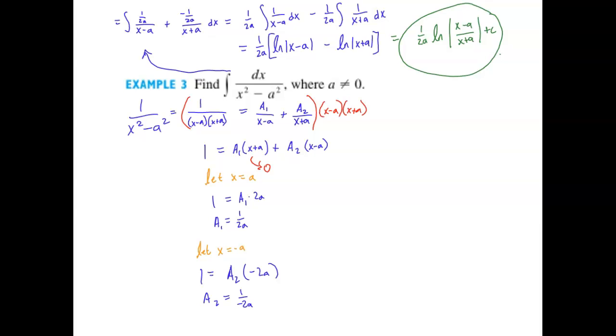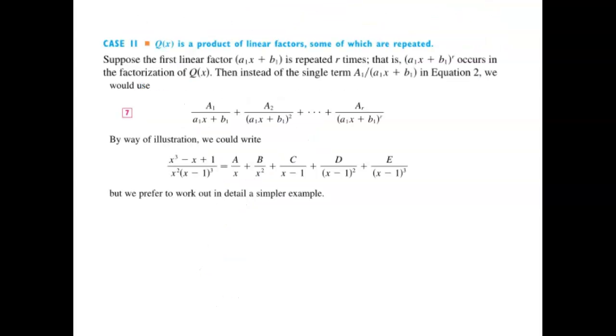Okay, let's try a new type of problem. What do we do when they're linear factors but not distinct, meaning some are repeated? In that case, when you break it out into partial fractions, you have to account for what the denominator could be, or what could make the common denominator.